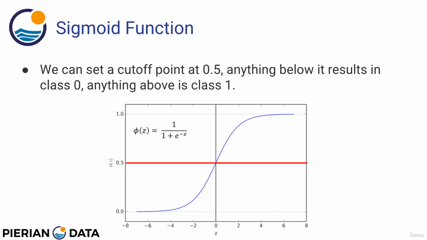That means we can set a cutoff point, usually at 0.5, and we'll say anything at or below 0.5 will go to class 0. Anything above belongs to class 1. So we're going to use that 0.5 probability as a cutoff point.